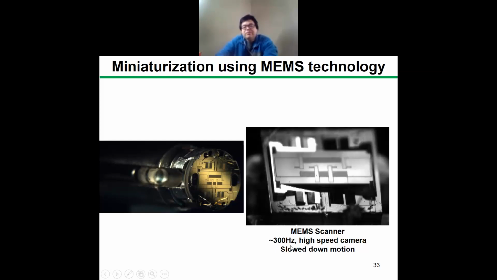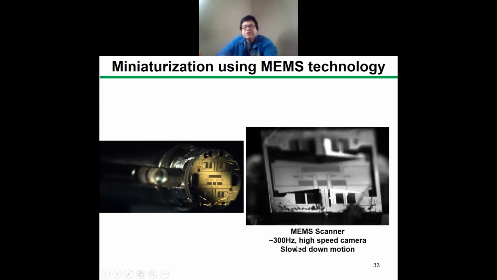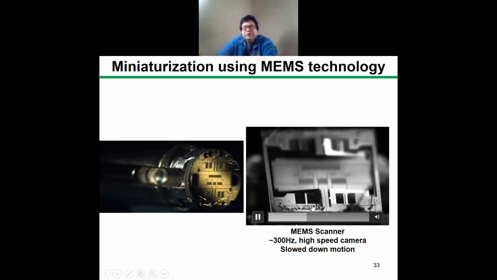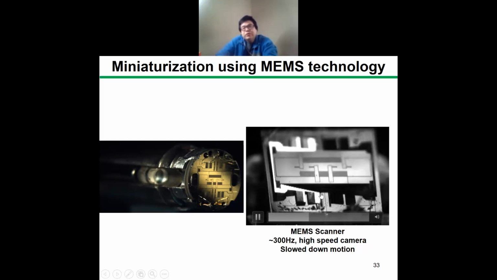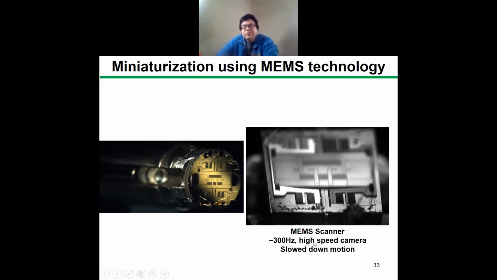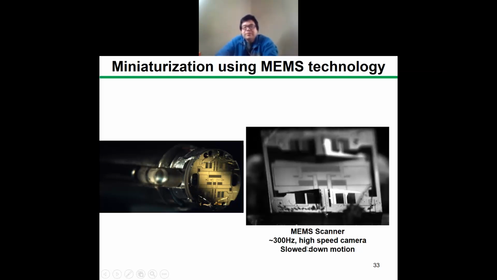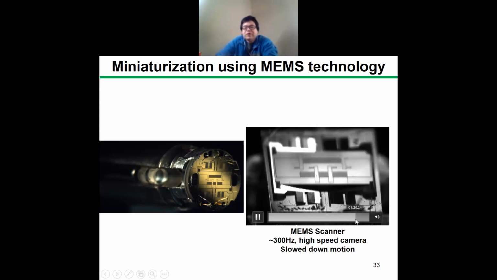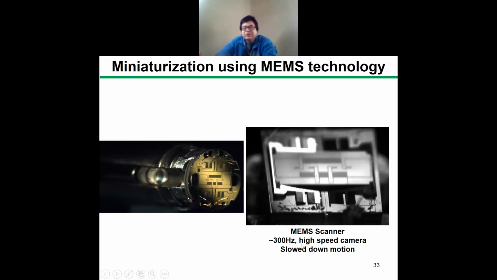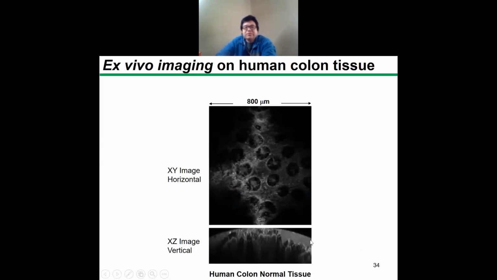That is 300 hertz Z travel, and the travel range is around 300 micron or more, in the resonant mode. It was taken by the high-speed camera, and then we slow it down to show its normal speed. The original speed is actually 300 hertz.